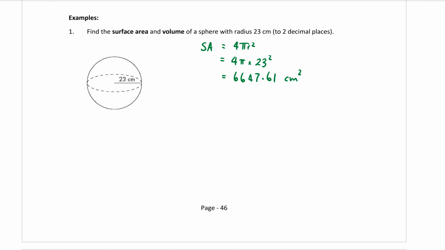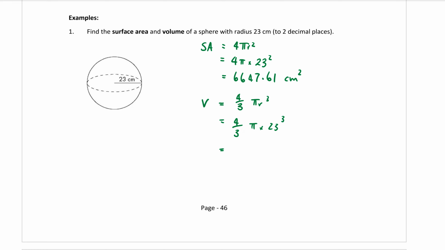Okay, it's the same diagram, but we now want to do volume. So we write down the volume formula. V equals, now the volume is the one with the 3's. So it's 4 over 3 pi r cubed. Okay, and all we have to do again is substitute in that radius is 23. 4 over 3 pi times 23 cubed.